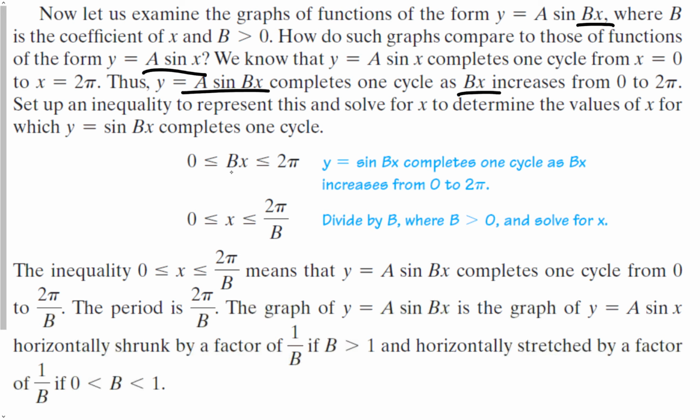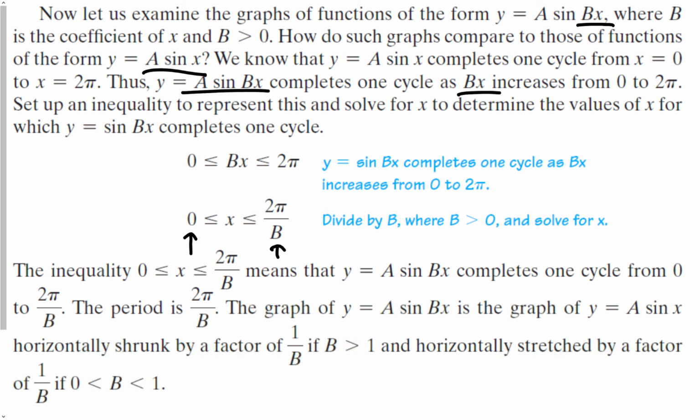And if we divide out the b in this equation, that means the new function, a sine bx, will start at 0 and finish one complete cycle in 2 pi divided by b.